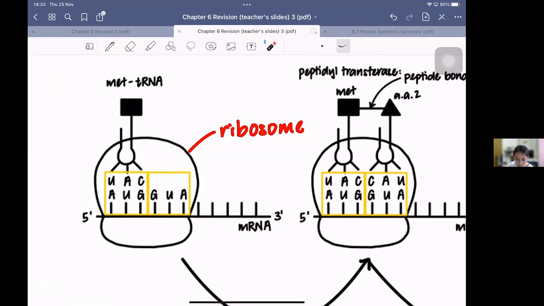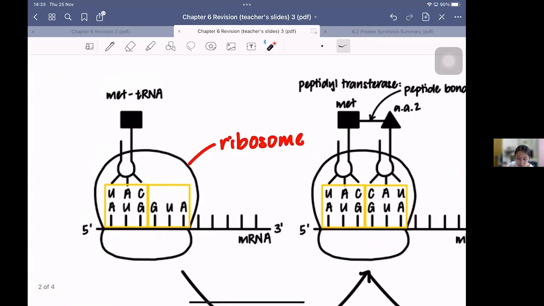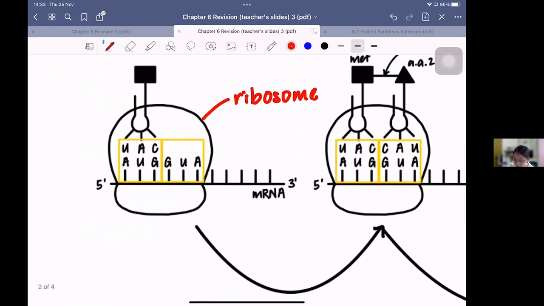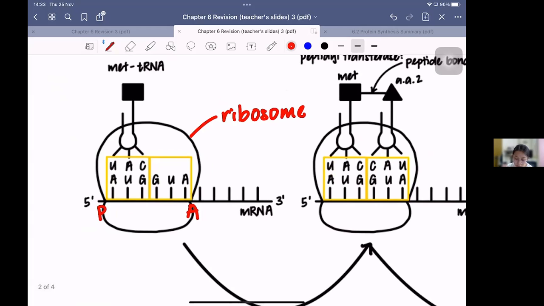The two codons on the mRNA are exposed in the ribosome, and the tRNA carrying methionine binds to the first triplet codon by complementary base pairing with its anticodon over here. We've also learned that there is a P site and an A site. So what is the P site? The P site is where the tRNA holds the polypeptide chain, and the A site is where the tRNA brings in new amino acids.